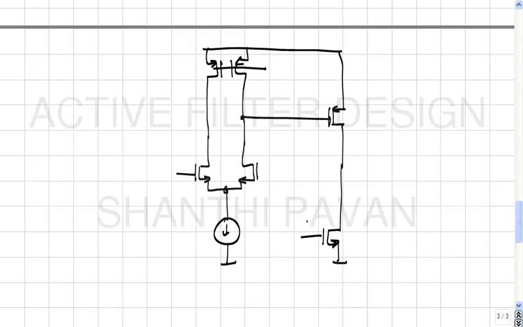This is the Miller compensating capacitor, and as usual, we know all the bad things that RHP zeros can do. So, what do you do to get rid of the RHP zero? You put a resistor whose value is CC by GM2. Does it make sense?